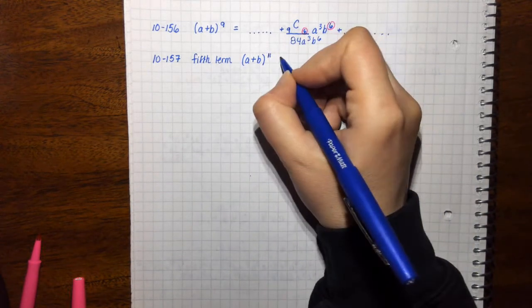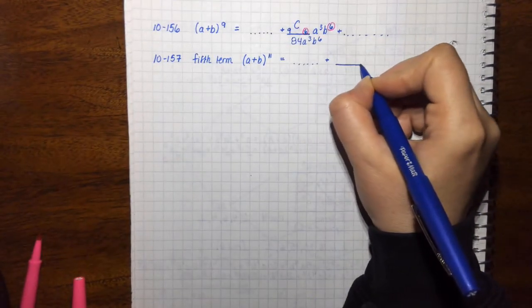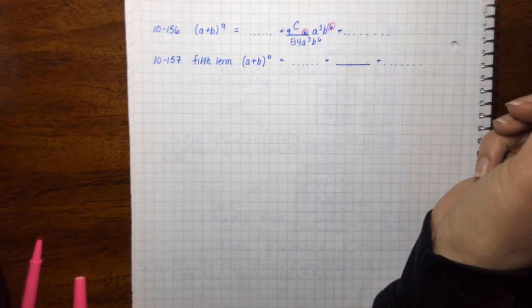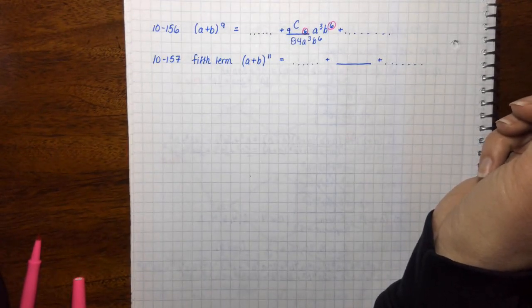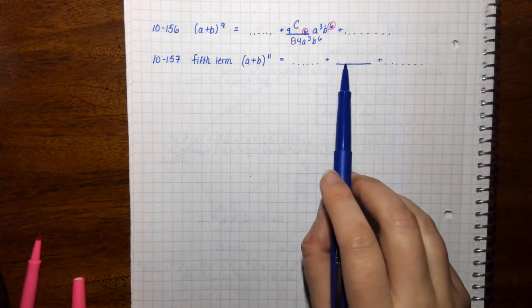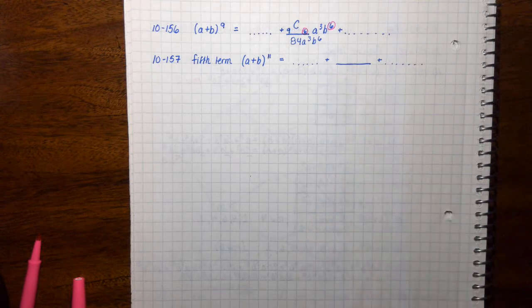So we know we're going to have some stuff, and then we're going to have the 5th term, and then we're going to have some more stuff. Okay, how can I figure out what letters and what coefficient will go for the 5th term?